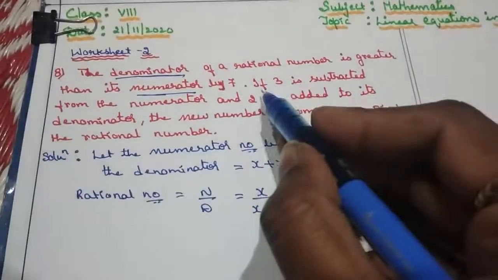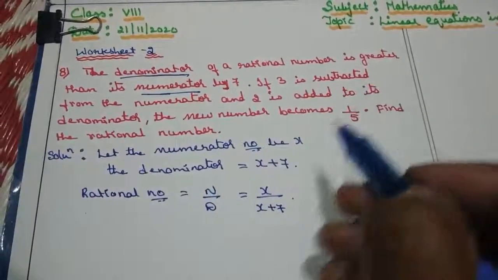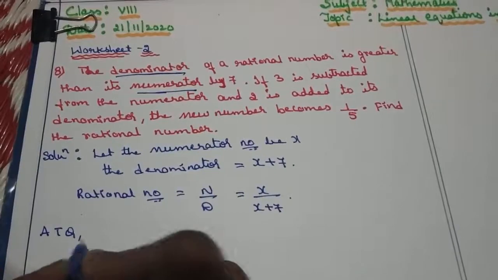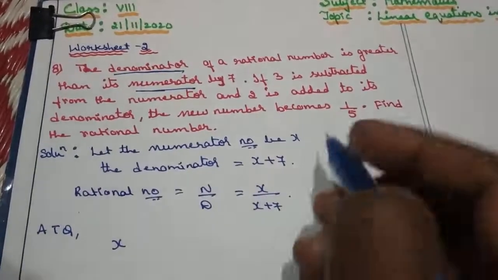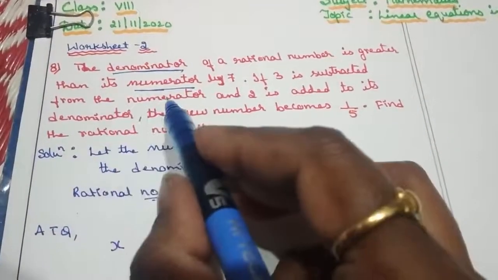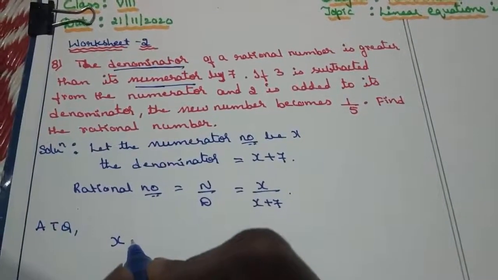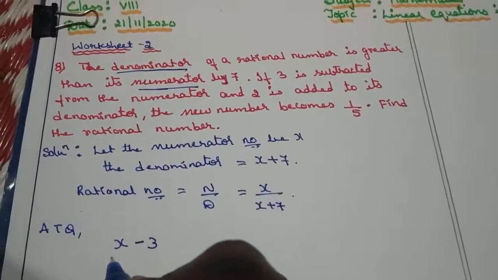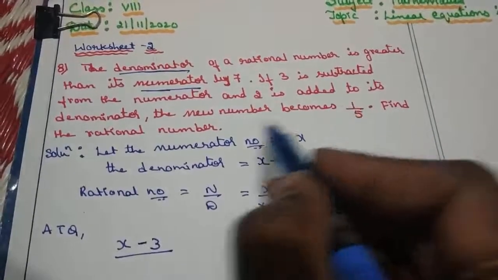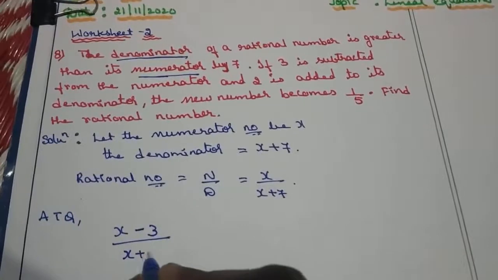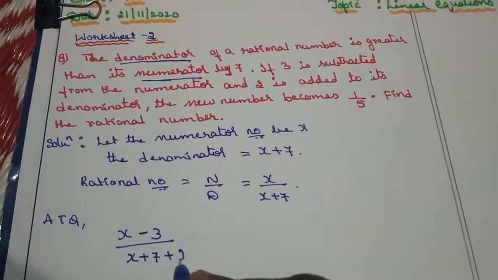The condition is applied now. According to the question, if 3 is subtracted from the numerator, we take the numerator x minus 3, and 2 is added to its denominator. So the denominator is x plus 7, and here 2 is added.